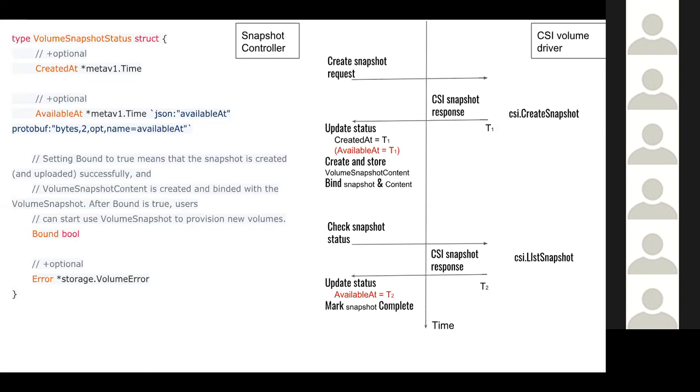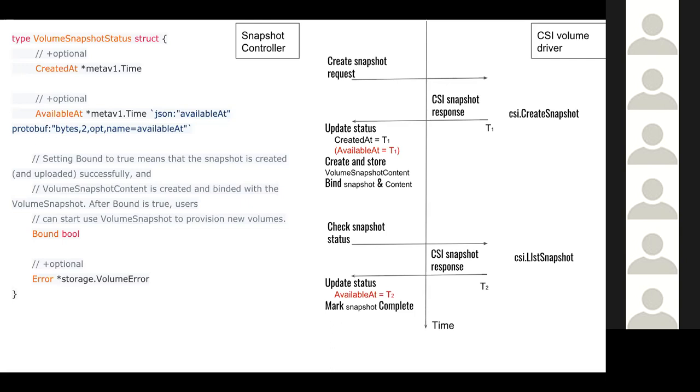After this update, create, and bind finish, for some volume plugins, if there are uploading phases, the controller will keep periodically checking the snapshot status. It will call the CSI, let's say get snapshot status, API call, and the CSI driver returns a response.